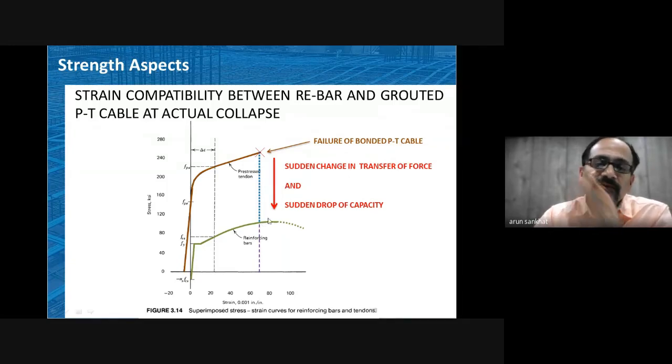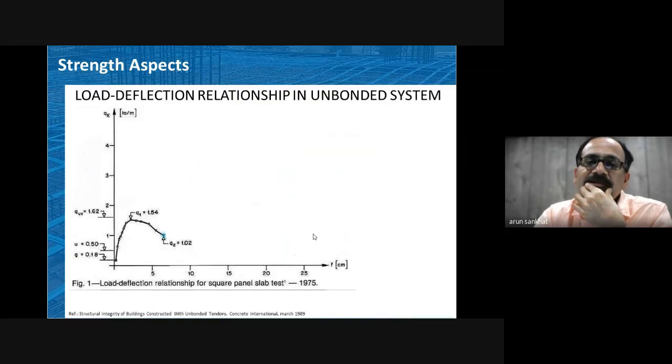And then this may not be well enough, so this will also collapse suddenly. So this could be the model in case of a failure of a bonded PT system. Let's see what happens in case of an unbonded PT system.